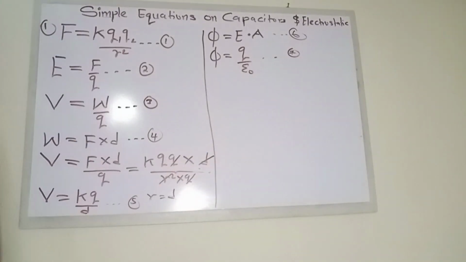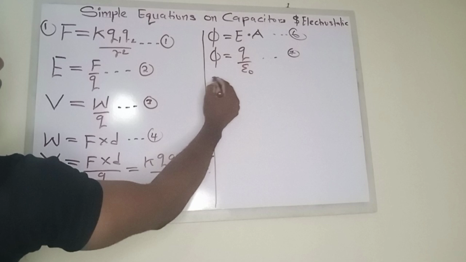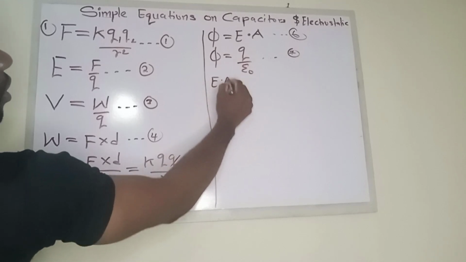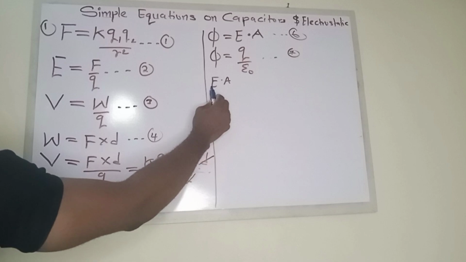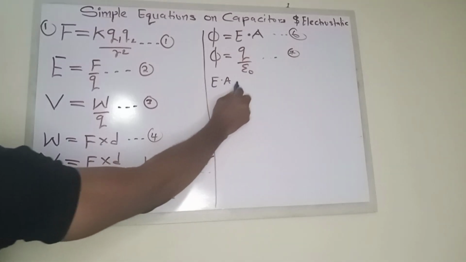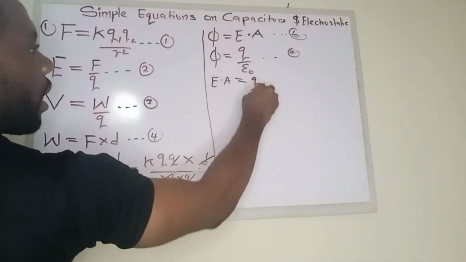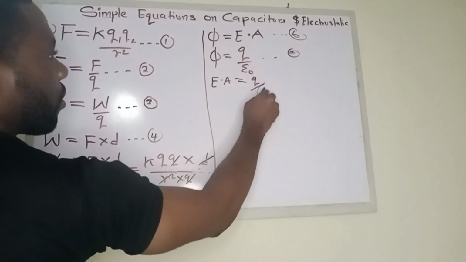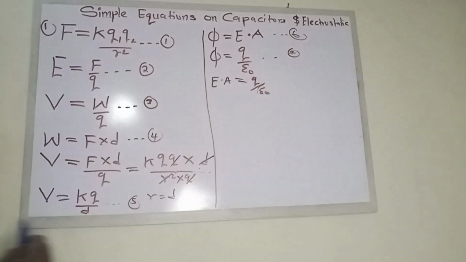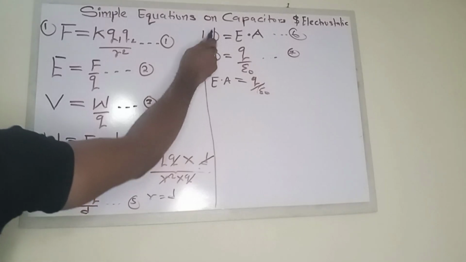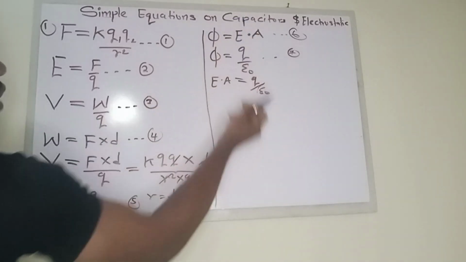According to this, we can say that our electric intensity multiplied by area is also equal to Q over permittivity naught, because if electric flux is equal to electric flux, then this is also equal to this.